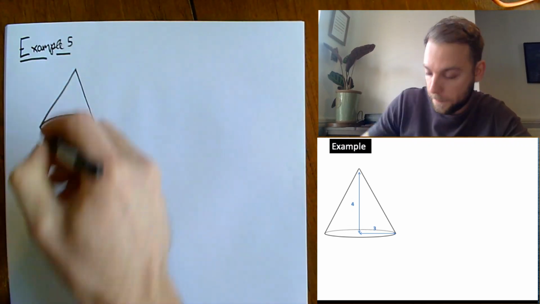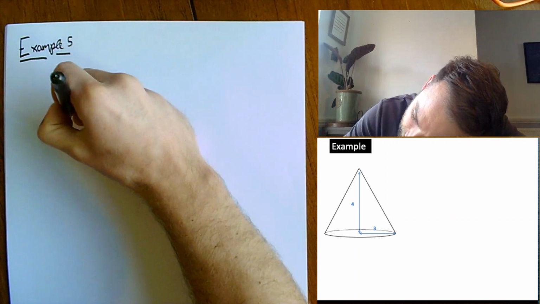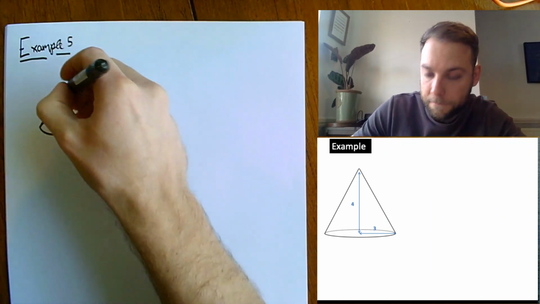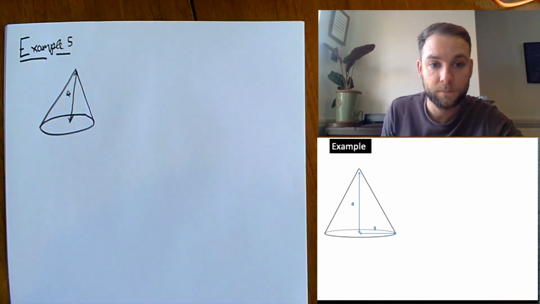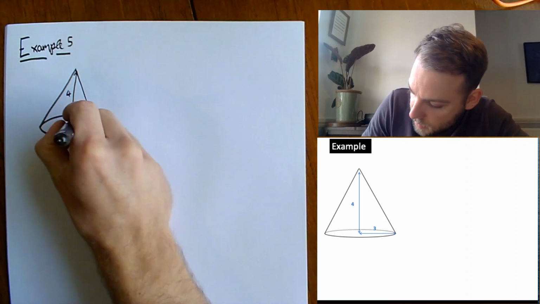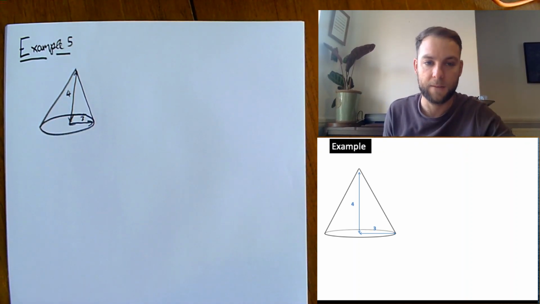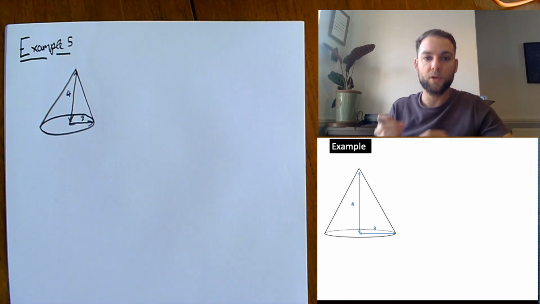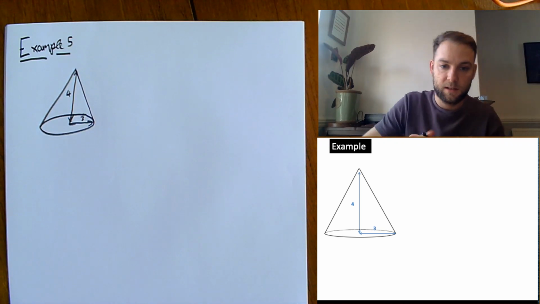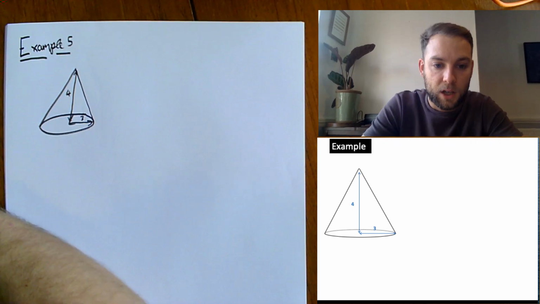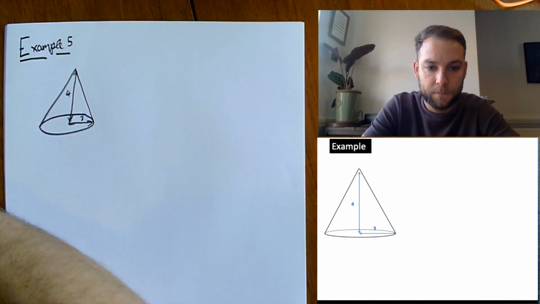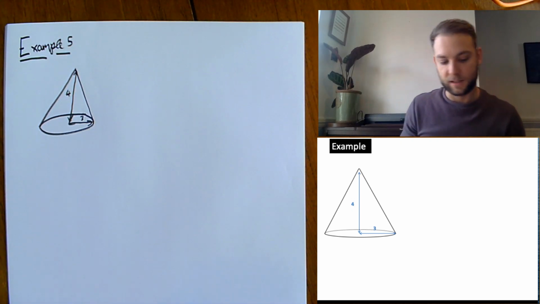We've got a curved part there. It's telling us the height of this is 4, and it's telling us this part here is 3. Okay? So we've got to find out two parts of this. We've got to find out the circle at the bottom and the curved surface area of this.